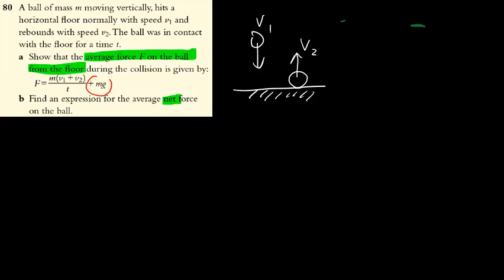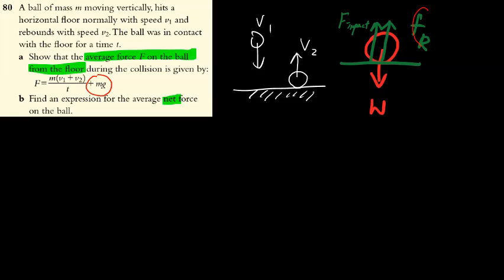As you can see, there is an extra term of plus mg here. This comes from the fact that if you draw the free body diagram of the ball at the spot where it's impacting the ground, of course there is still weight. At the same time, there will be the reaction force. Normally if you put a ball on the ground, you always have a reaction force counteracting the weight.